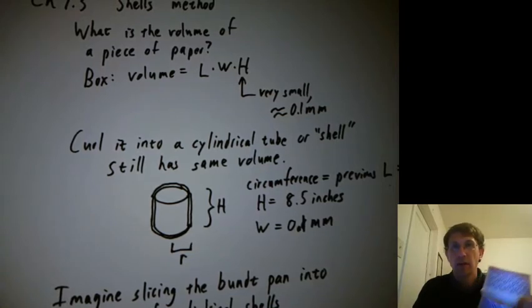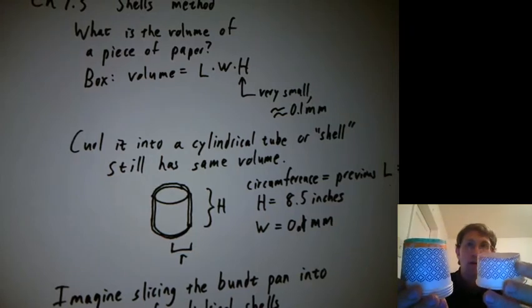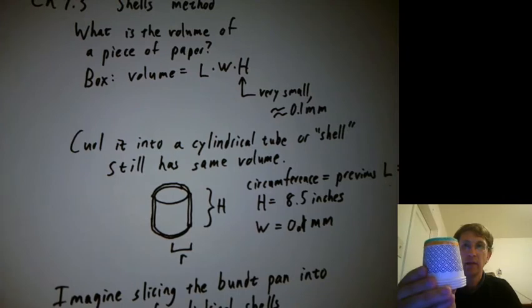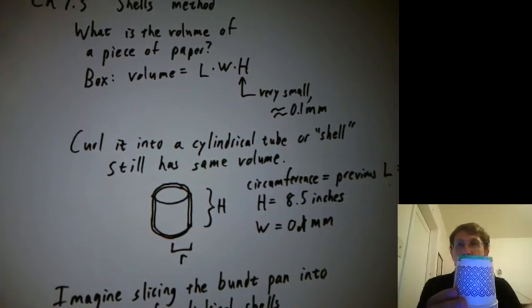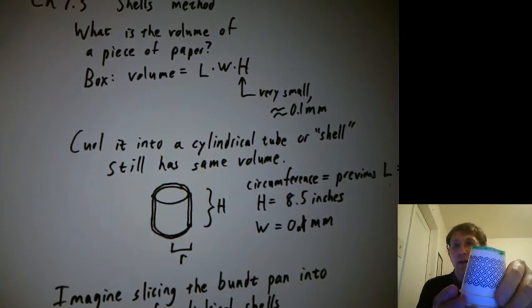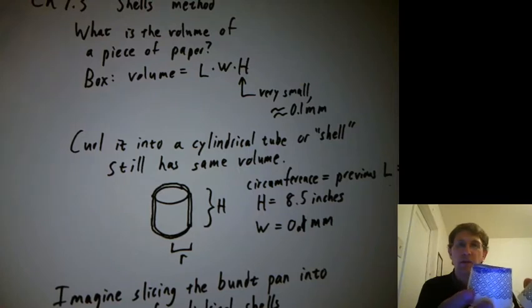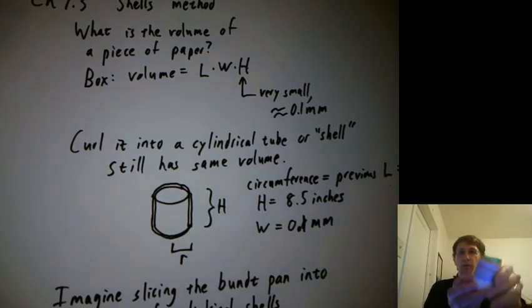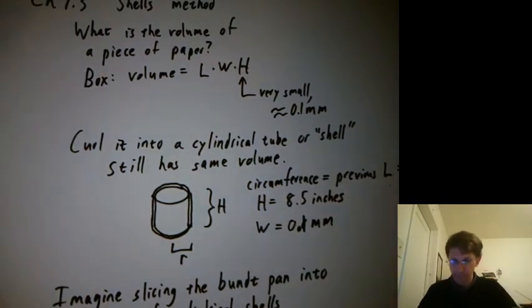So we've got a very short Dixie cup on the outside, and then the next one inside is a little taller, and then the next one inside that is the tallest, kind of like the vertex of that bundt pan, and then the next one inside that is a little shorter, and then the next one inside that is even shorter, kind of like the bundt pan. Their edges are a little slanted, but pretend that they were straight up and down like cylinders. So that we've got all those concentric cylinders.